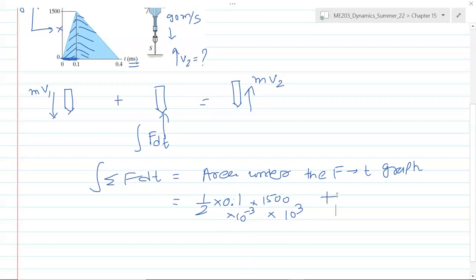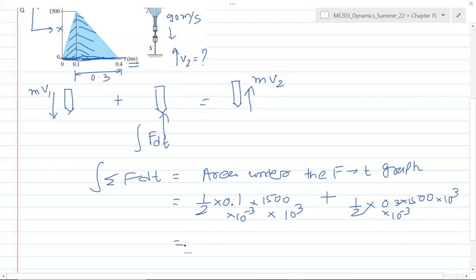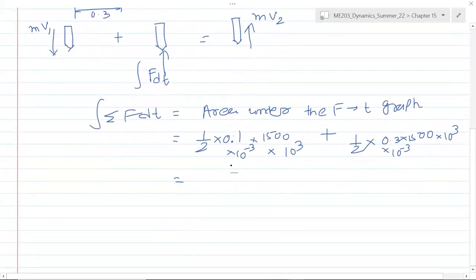Plus the area of the big triangle is 1/2 times base, which is not 0.4, but 0.4 minus 0.1, so it's 0.3, multiplied by 1500. So the total area is 300 newton-seconds, and that's our impulse.